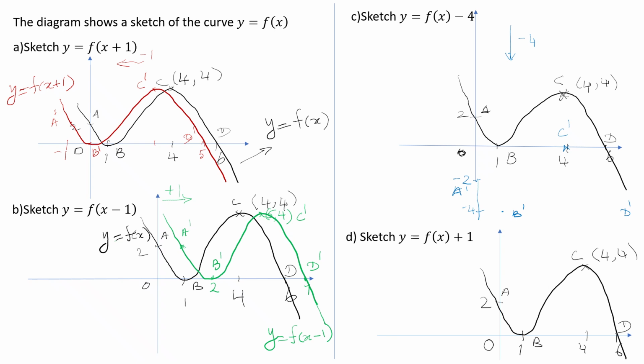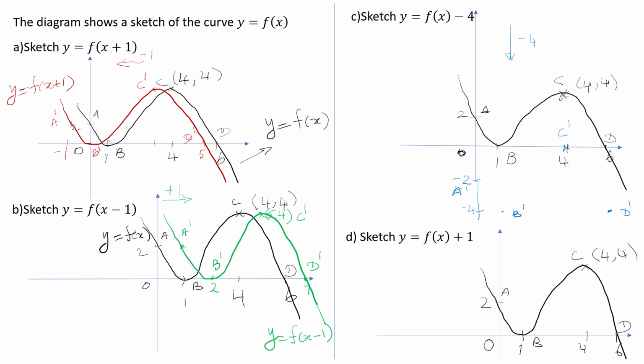So let's draw the graph. Point D is going to be 6, -4.